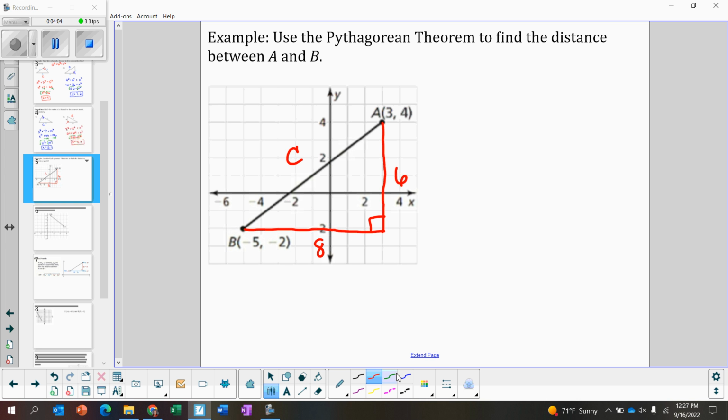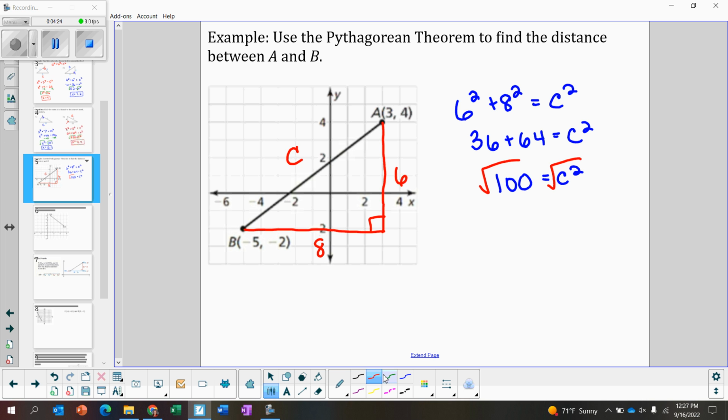So using the Pythagorean theorem, we have 6 squared plus 8 squared equals c squared. That's 36 plus 64 equals c squared. Combine like terms, 100 equals c squared. Then take the square root, so we get 10 equals c, which means the distance between A and B is 10.